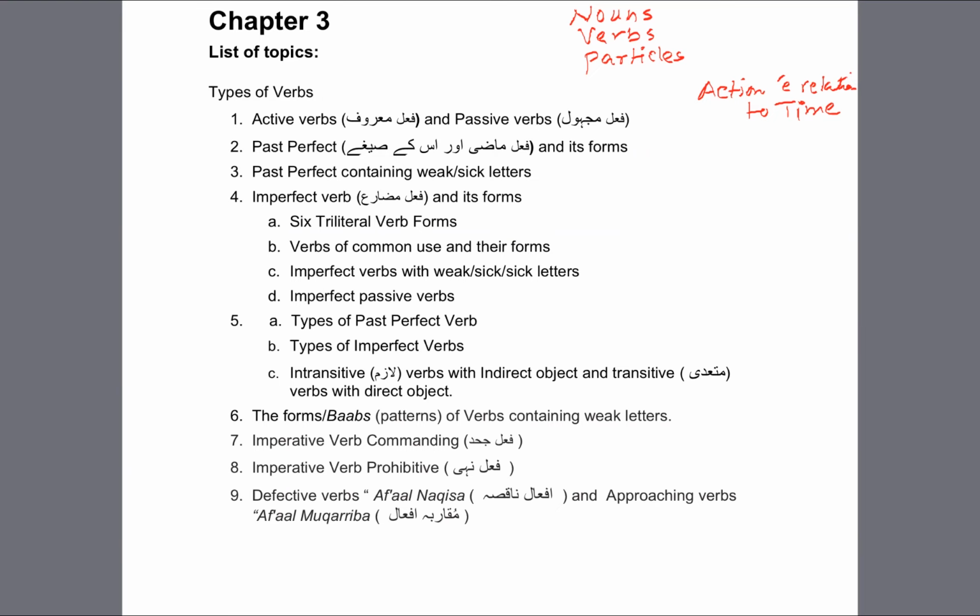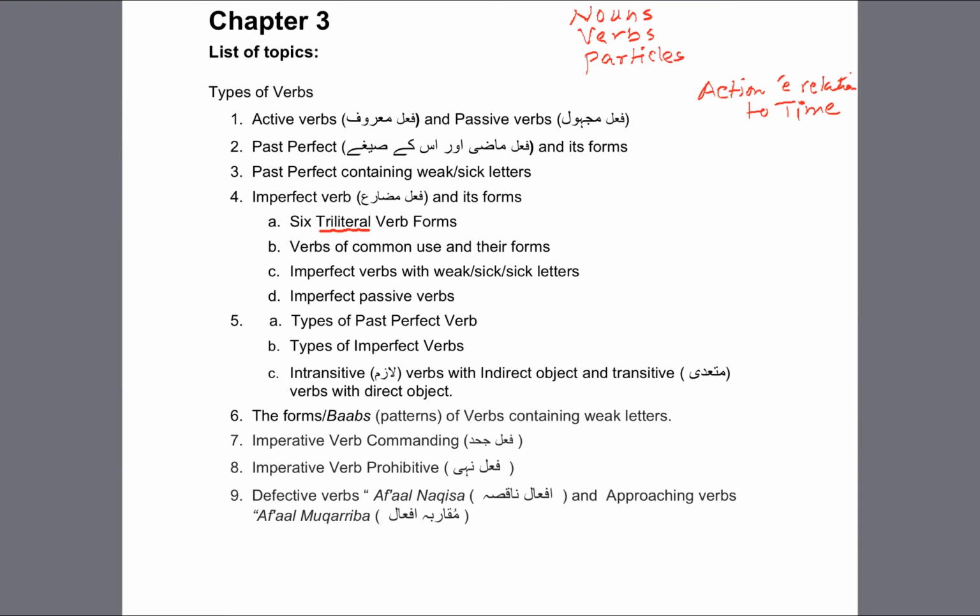Then we'll talk about 6 triliteral verb forms, which have 3 basic root letters, verbs of common use and their forms, imperfect verbs with weak sick letters, imperfect passive verbs, types of past perfect verbs, types of imperfect verbs, intransitive verbs with indirect object, and transitive verbs with a direct object involved.